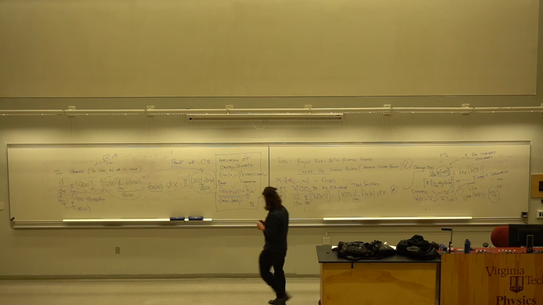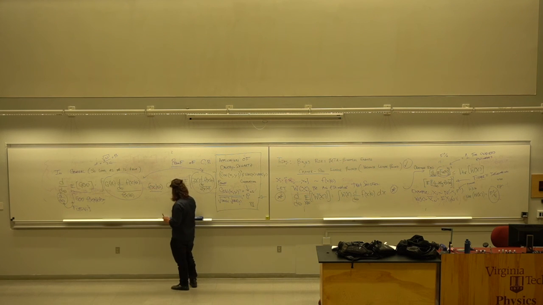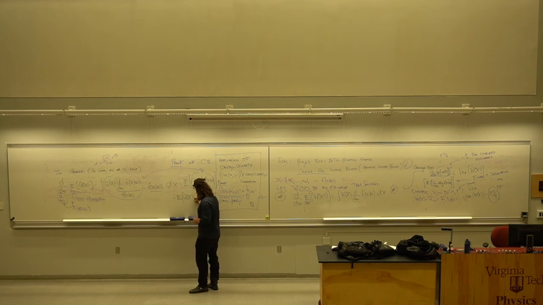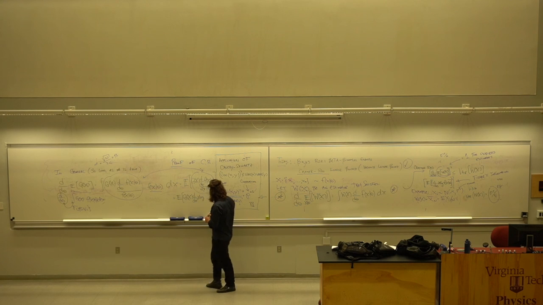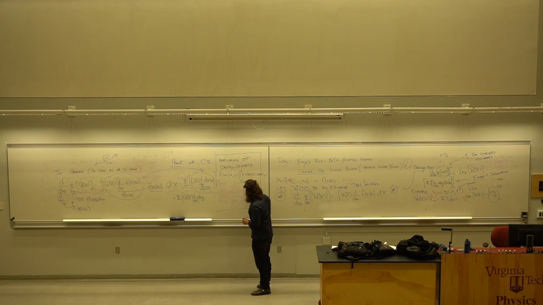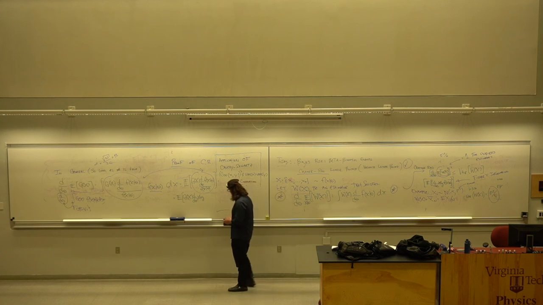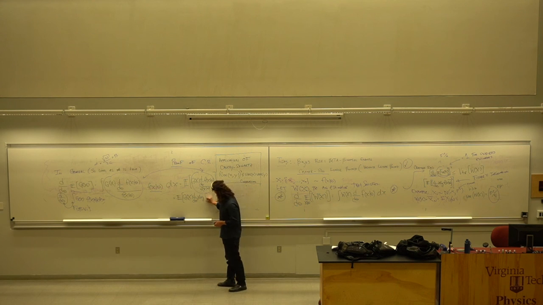I'm going to rewrite this again. This is going to be the expectation of g(x) times the derivative of the logarithm of f of x. Keep Cauchy-Schwarz up. Take away this proof.